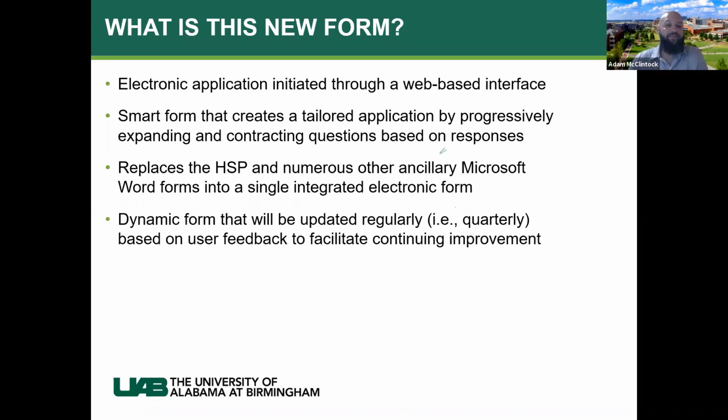Again, it's a dynamic form that will be upgraded regularly. We shoot to have quarterly upgrades that will be based on user feedback. We have a forum to generate consistent user feedback from the research community, PIs, research staff, from IRB members and IRB staff. There are a lot of things we know that we still want to upgrade, that we will get into a future upgrade.